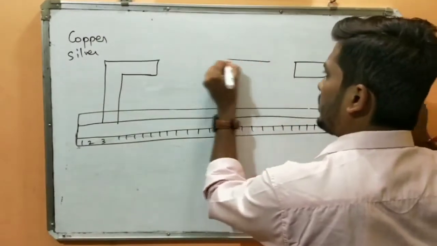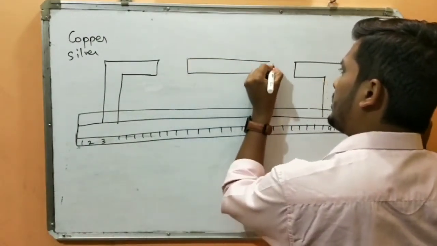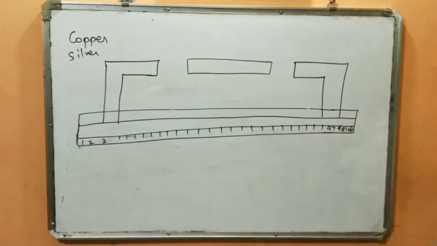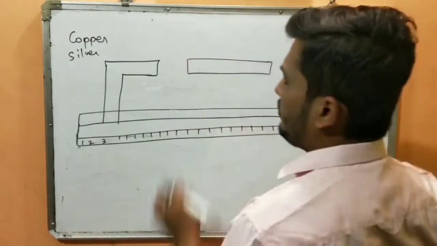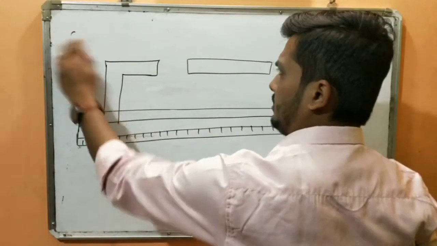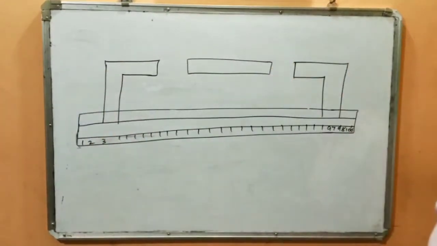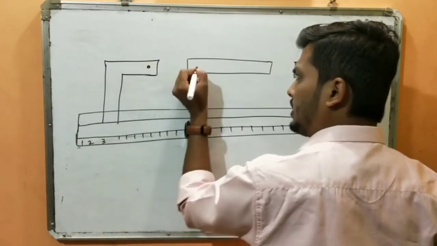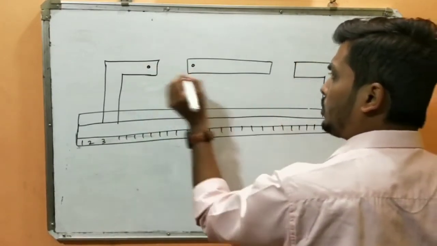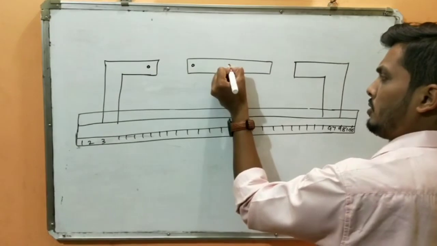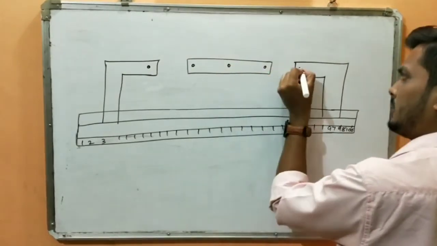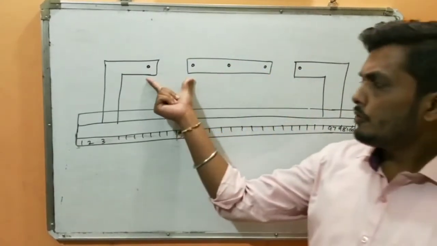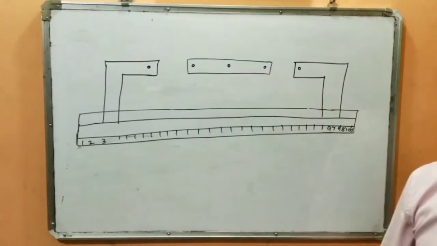And at the center, I will connect one more rectangular metallic plate of the same material. The interesting thing here is these metallic plates have terminals. It will have totally 5 terminals: the first 2, the last 2, and one at the center.